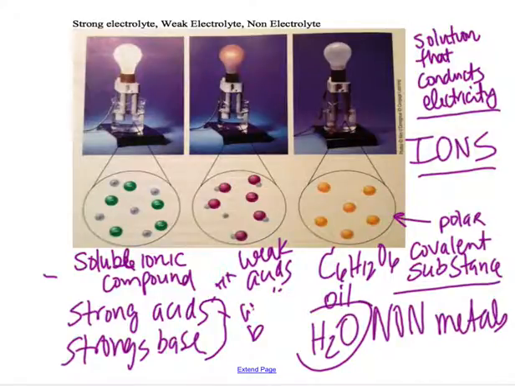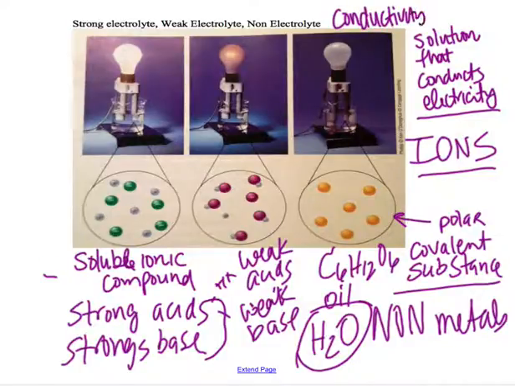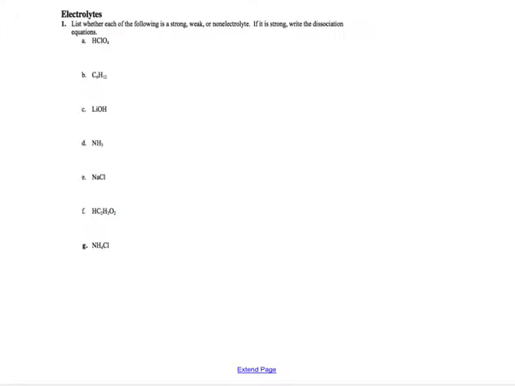They dissociate partially. So only a few H pluses jump off and only a few OH minuses jump off their partner ion, and they have very, very low conductivities. They have some, and conductivity is a measure of how strong an electrolyte is. If we say it's very conductive, it has a high conductivity, that means it's a strong electrolyte.